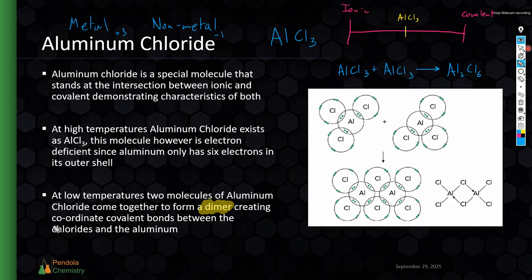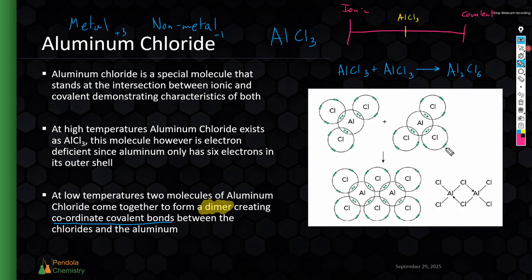And it does this by forming coordinate covalent bonds, or dative covalent bonds that we just talked about. Essentially, if we look at the aluminum chloride molecule, we have here chlorine, which is happy, right? Chlorine has 1, 2, 3, 4, 5, 6, 7, 8 valence electrons. But aluminum has 1, 2, 3, 4, 5, 6 valence electrons. So that aluminum is electron deficient, which it does not very much like.